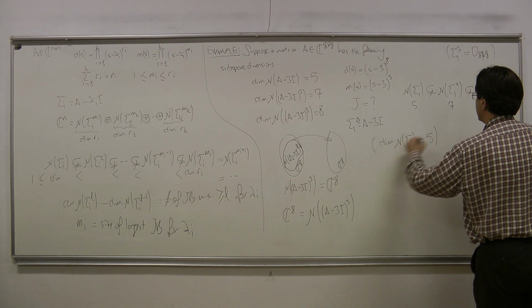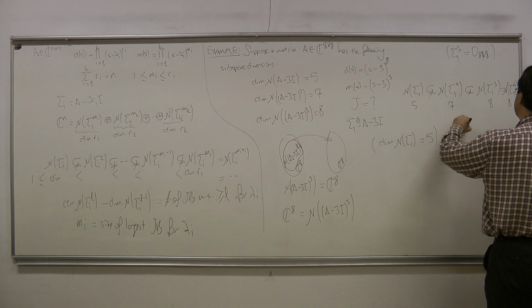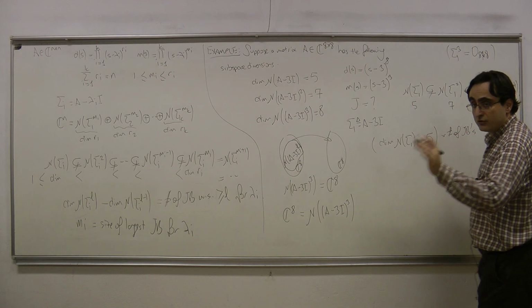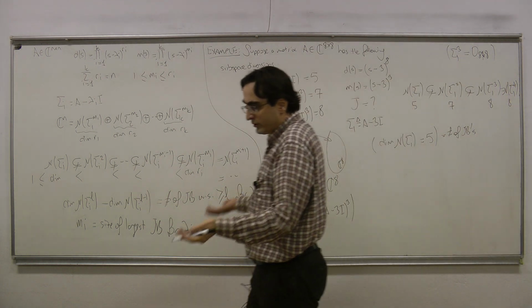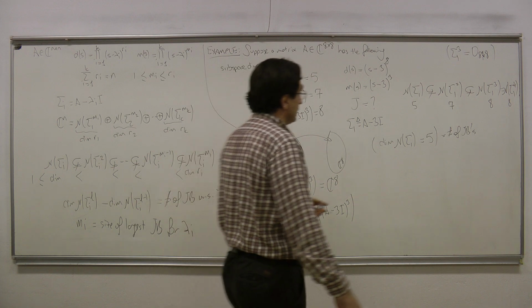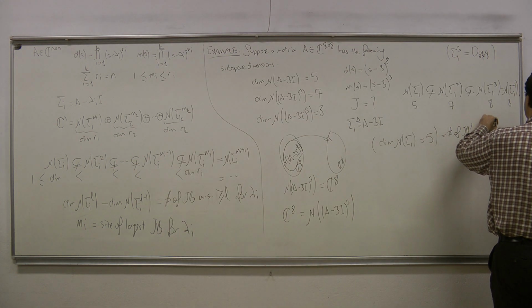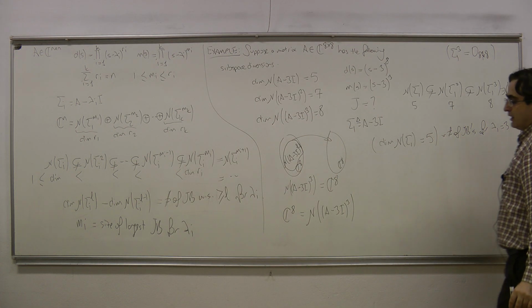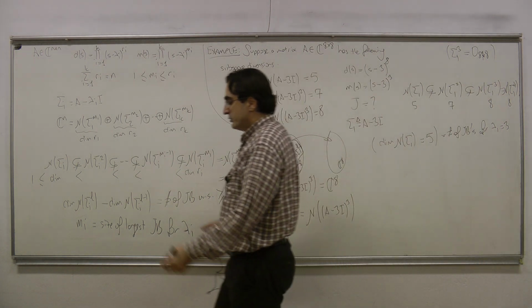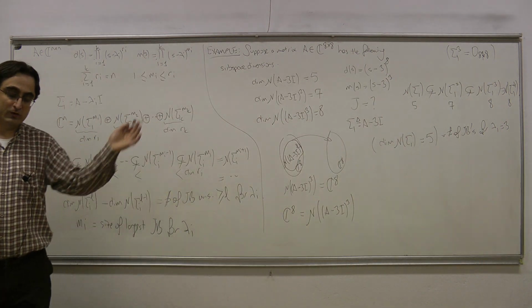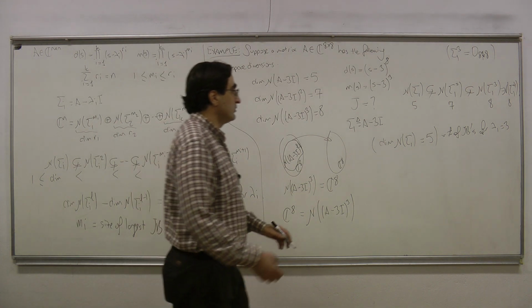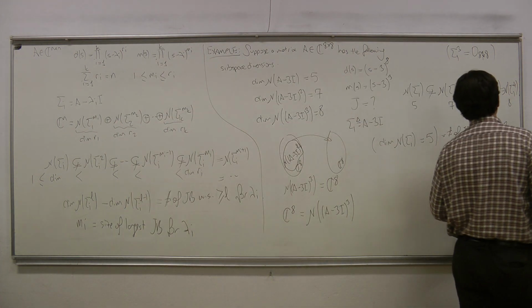This is the number of Jordan blocks with size larger than or equal to 1, or just the number of Jordan blocks for lambda 1 equals 3. And I have only a single eigenvalue, therefore this is going to be the total number of Jordan blocks. So the total number of Jordan blocks is 5 here.